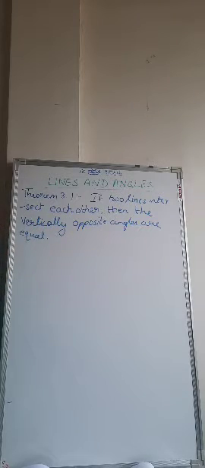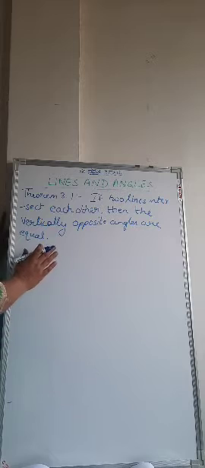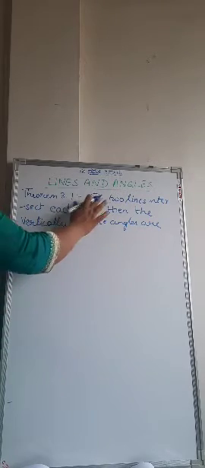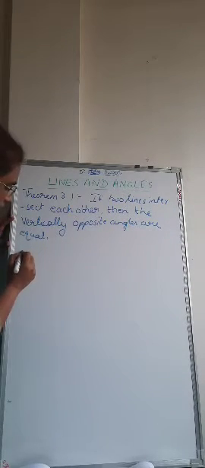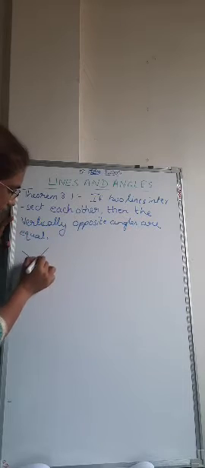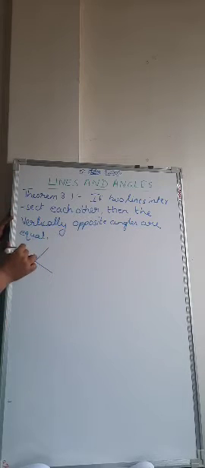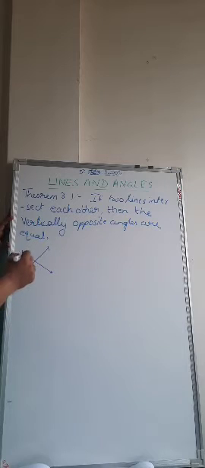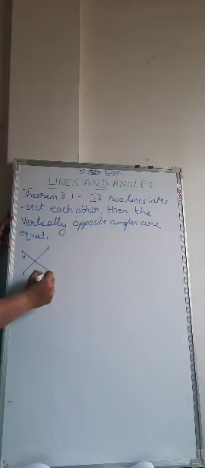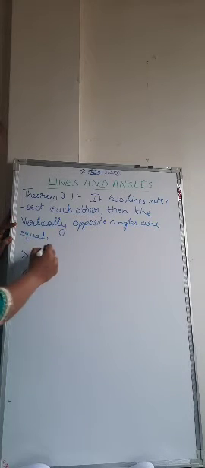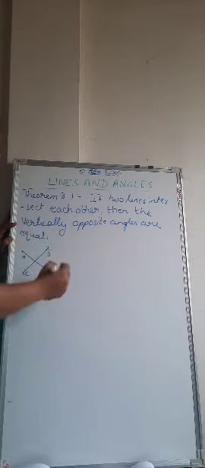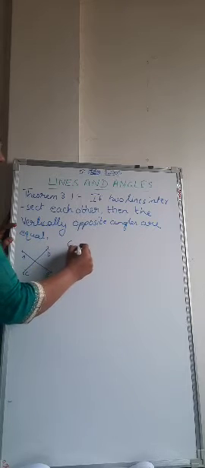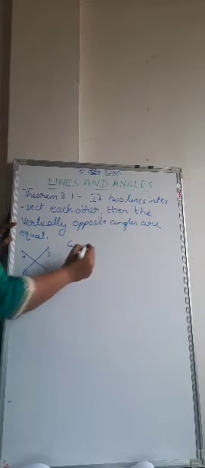Now we have to prove this theorem. If two lines intersect, so take two lines intersecting. This is A, this is B. And which one is C? This is C, this is D. So what is given? Two lines intersect.